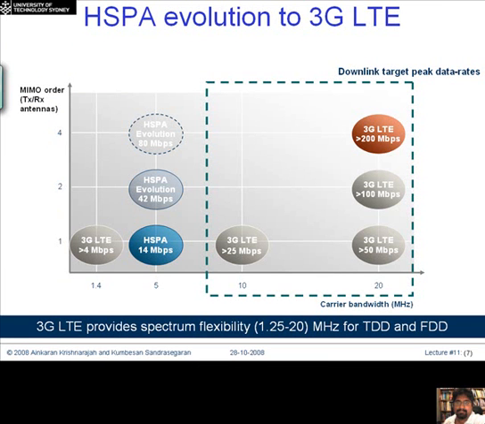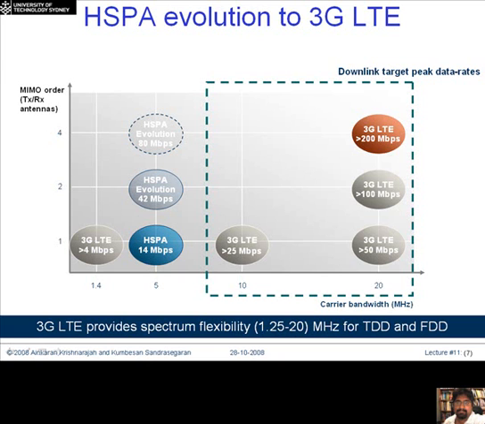Now it should also be possible to go beyond 100 megabits per second, because one of the things that we can add on to LTE is the technology called MIMO. In this slide, if you take MIMO and increase the number of transmit and receive antennas, you can see that every time you add more transmit and receive antennas, the data rate improves.